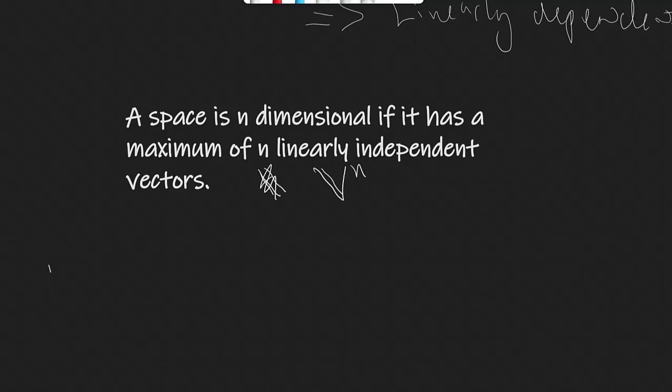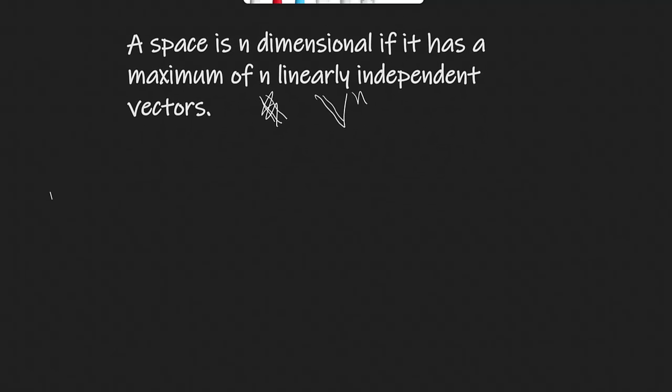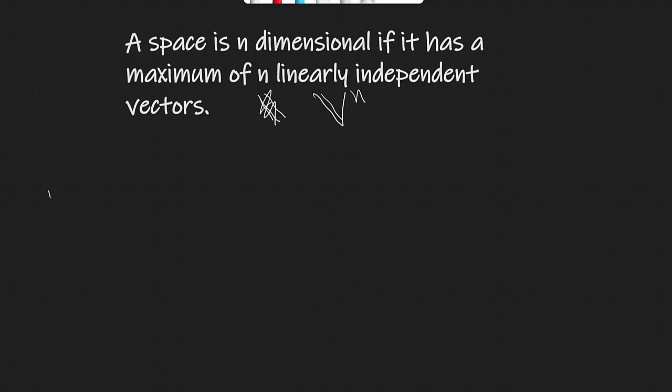Now, let's have a look at an example of, let's say, a 4-dimensional space. So typically we use the 3 dimensions, but let's say that we take the space of 2 by 2 matrices. So we can have one vector which could be given by, let's say, 1, 0, 0, 0.